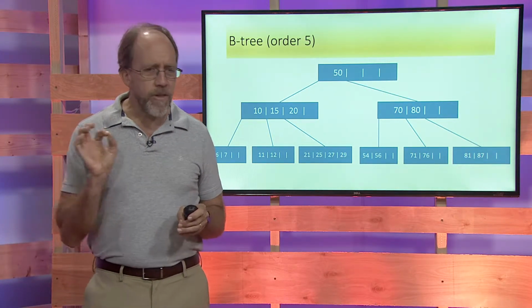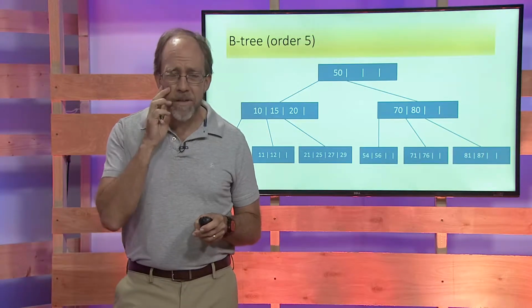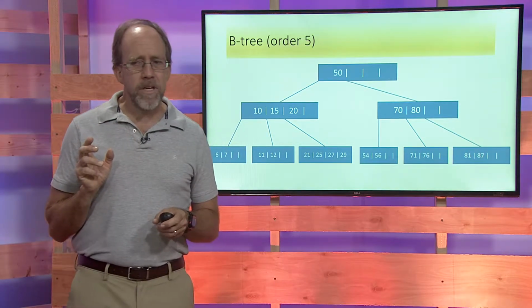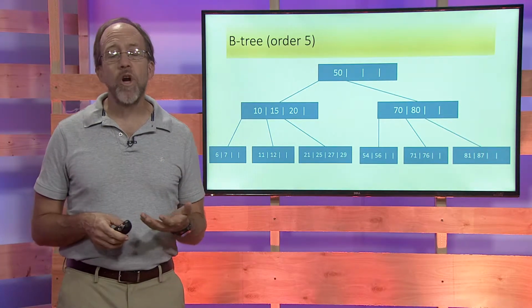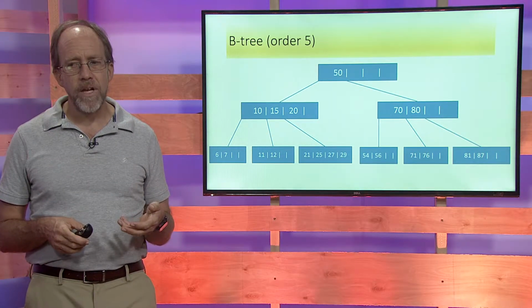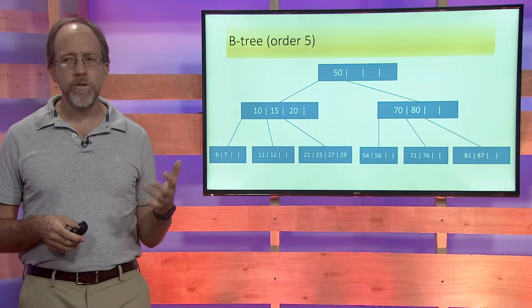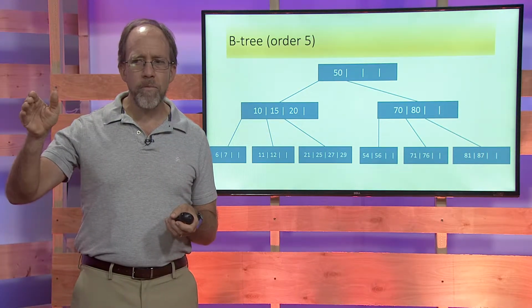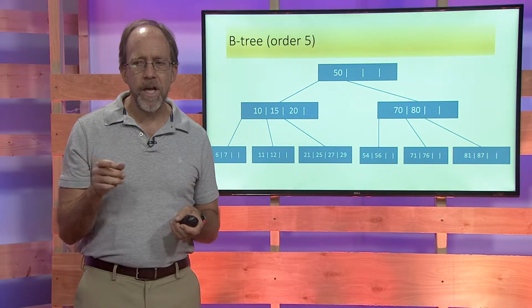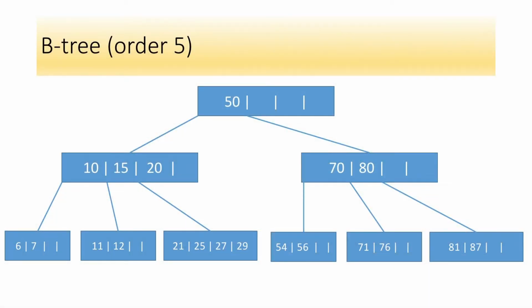Now, if you think about this a little bit, that can be troublesome, because what if we find something that needs to go into one of those, let's say a 22, and let's do that. 22, you go to the top, well, we know we need to go to the left, the 10, 15, and 20. And you know it goes between the 15 and the 20. So you drop down to the 21, 25, 27, 29 node.